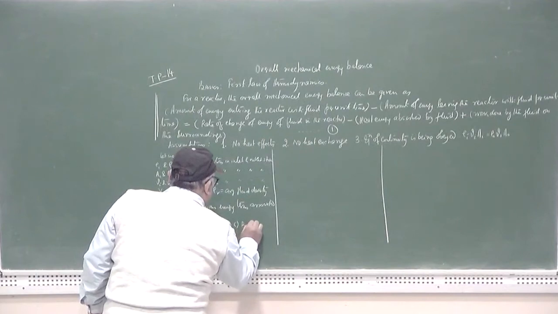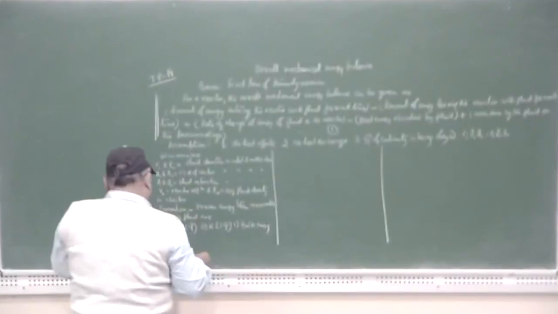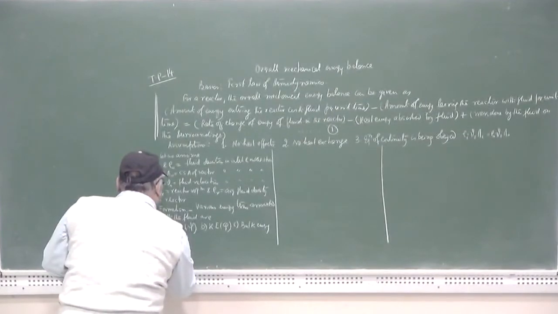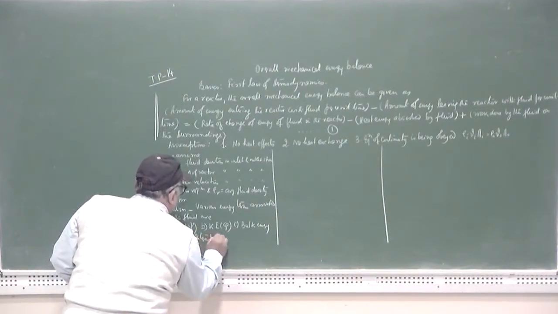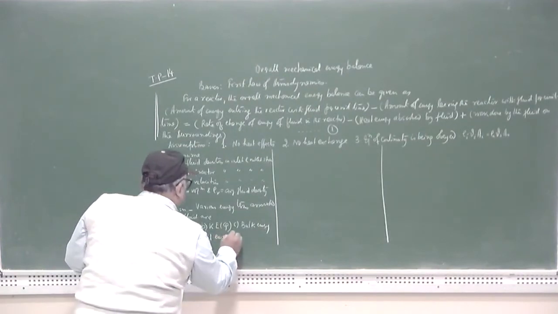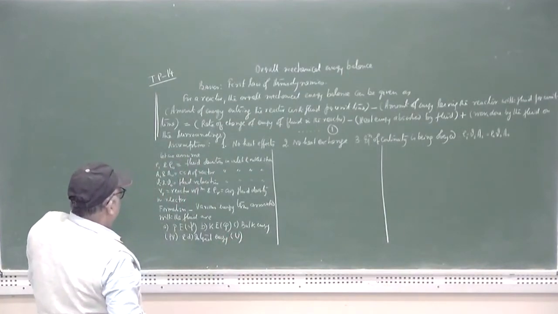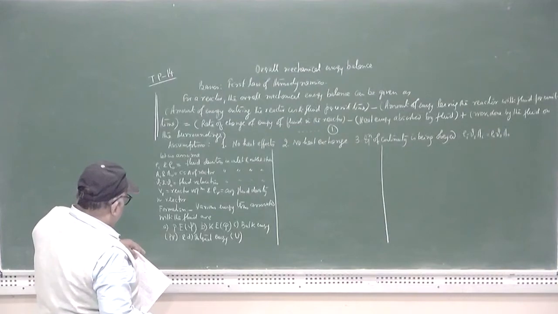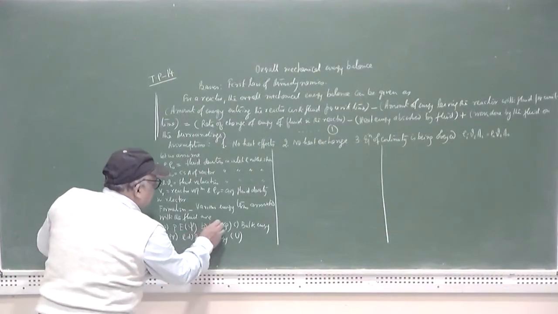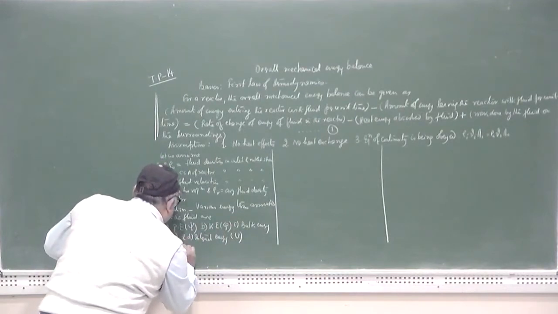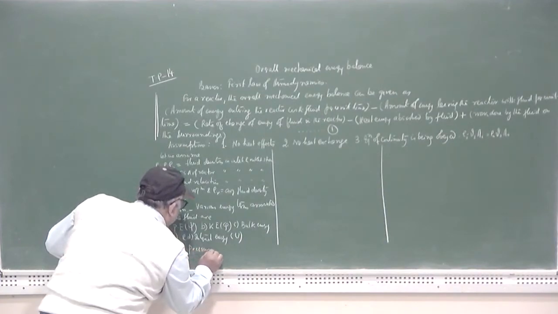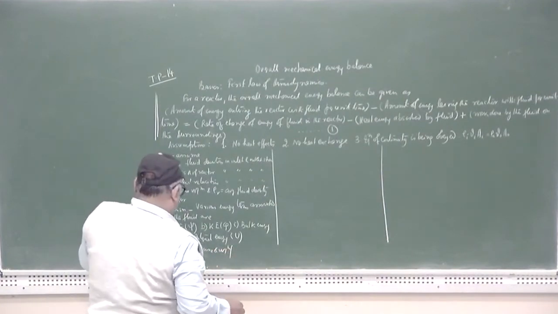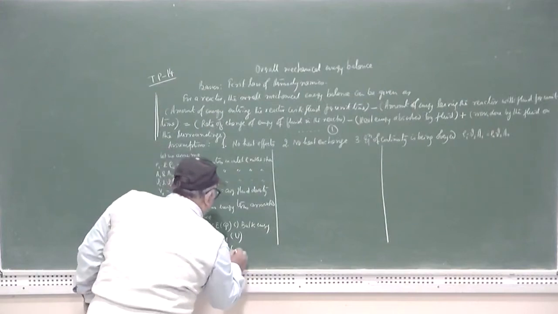C is the bulk energy, denoted as PV, and D is the internal energy, abbreviated by the letter U. Here it is necessary to emphasize that this P and V are the pressure and volume per unit mass.